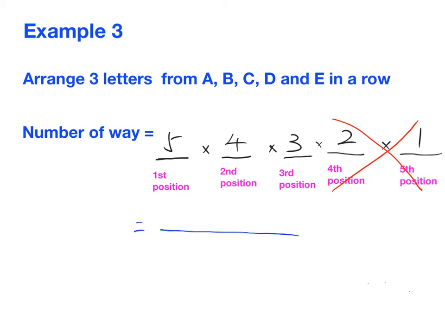So we could rewrite 5 times 4 times 3 in this way. That means all of them, remove the last 2. So that is divided by 2 times 1.